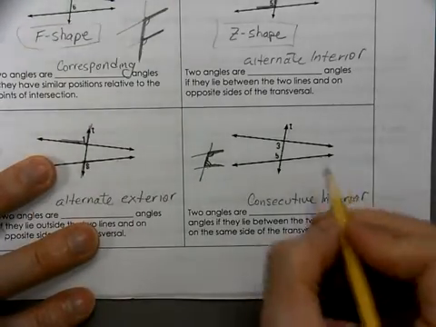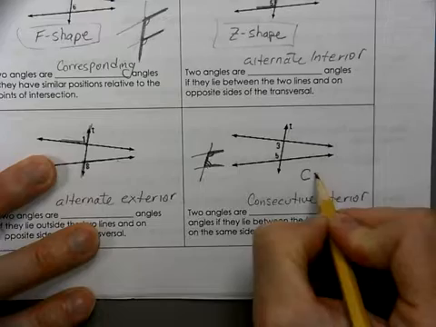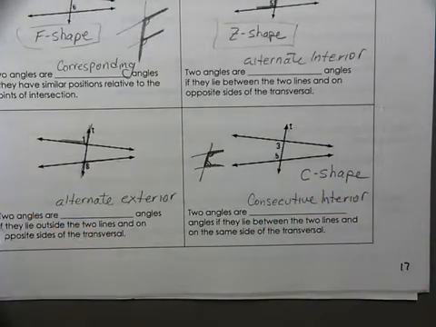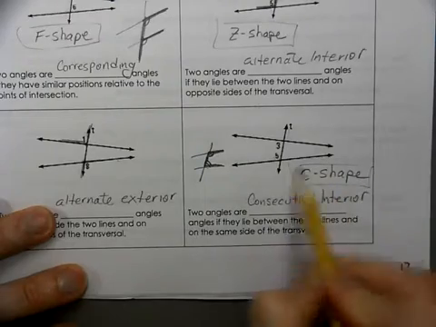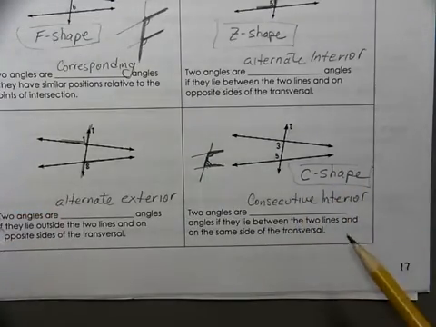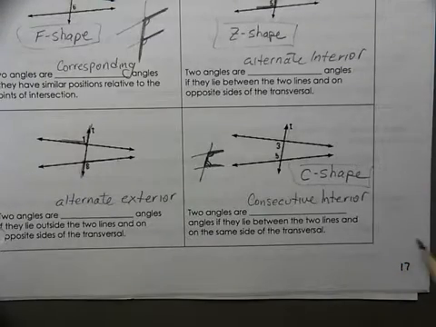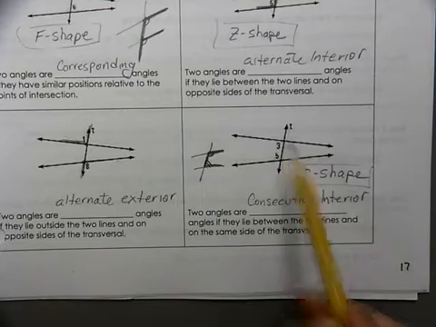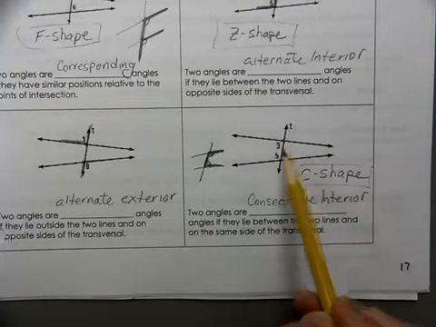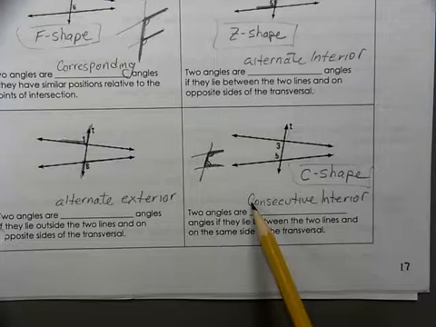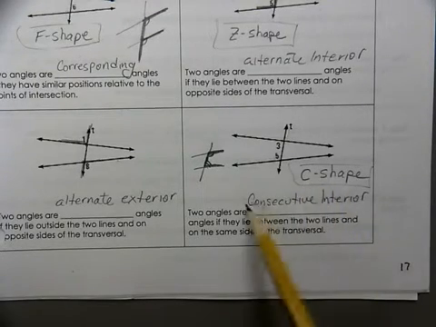It has a C shape. But all depending on the direction of the two lines. Some people call it a U shape or an N shape, whatever. It's whatever helps you remember that that's a special type of angle. They're called consecutive interior. C goes with the C shape.